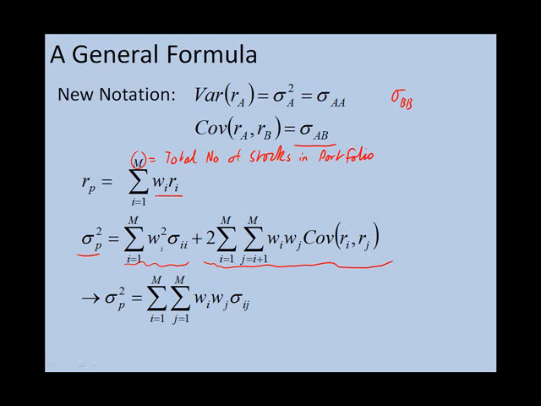And this formula for variance can be simplified to this expression we see at the bottom of the page. You may not believe that this formula for variance gets simplified to the final formula we see. The easiest way to see that this formula works is to consider the two-asset case.